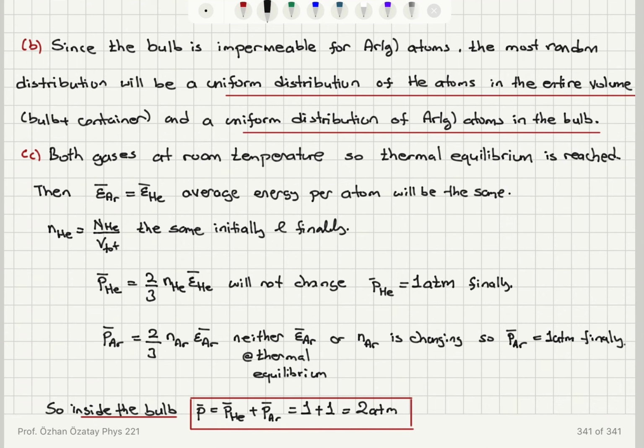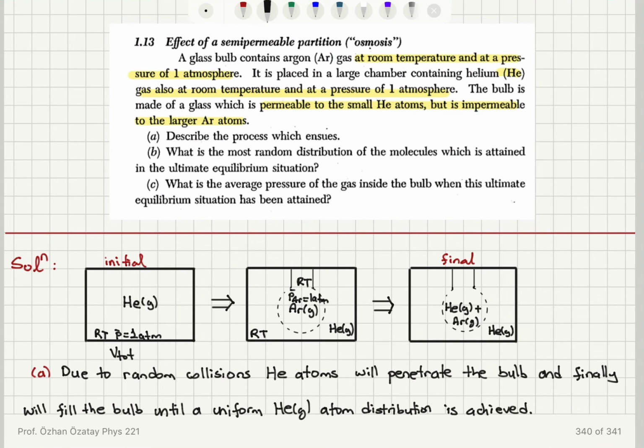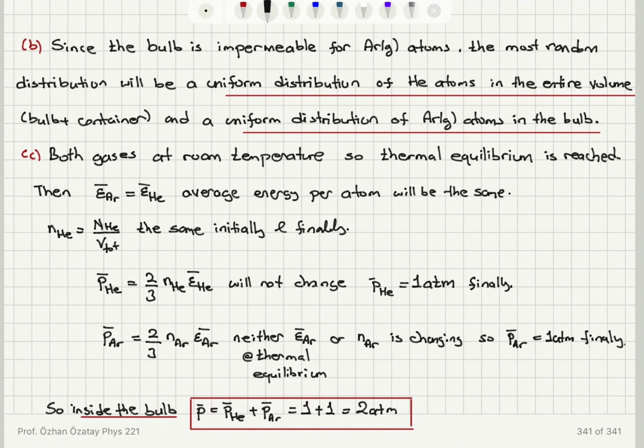And in part C, what is the average pressure of the gas inside the bulb when this ultimate equilibrium situation has been attained? Both gases were at room temperature, so we have thermal equilibrium. That means mean energy per atom will be the same.